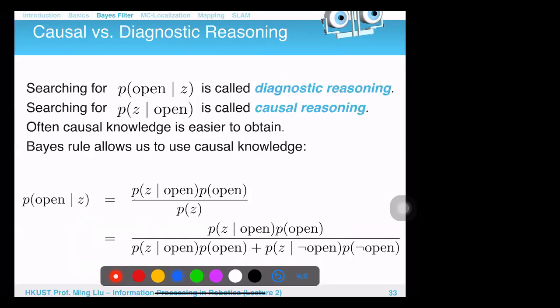Because for causal reasoning, I can do experiments or calibrate the sensor. Given the state, I can have a set of observations, and by combining all these observations, I will have this P. Okay, P is the probability.